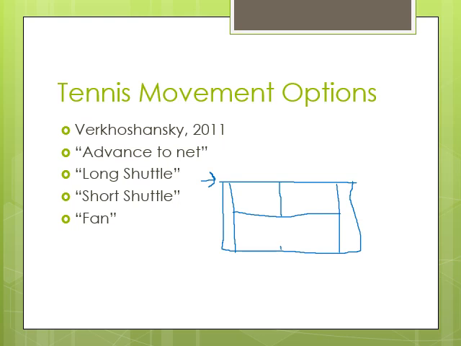And then the fan, so I'll show you what the fan is here. If you follow along, you would essentially be going here, here, here. This would be the fan.